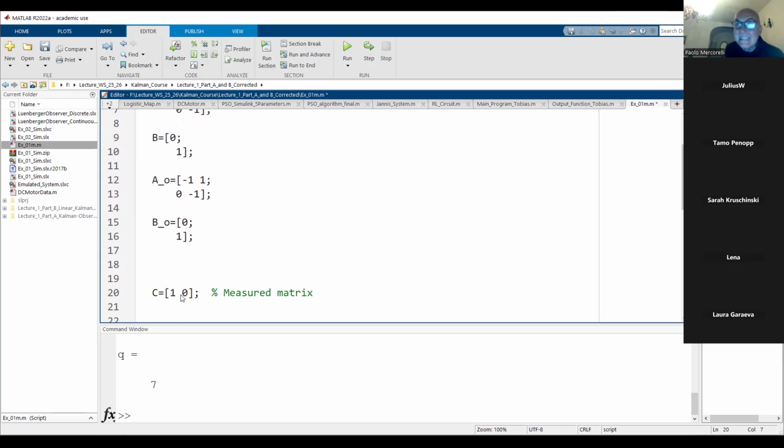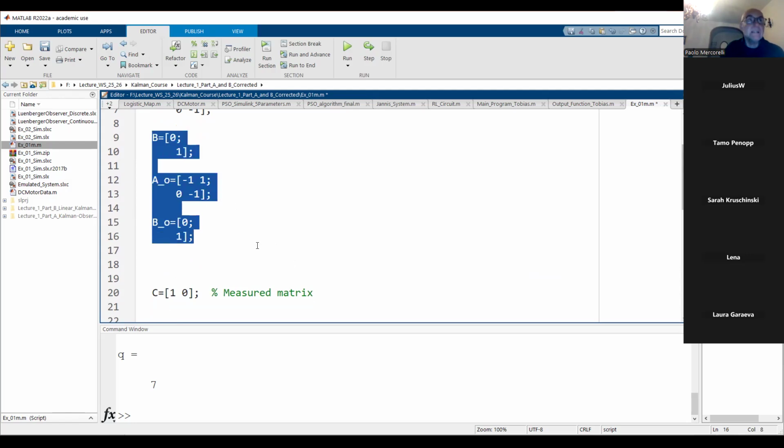You remember, C is the map of the sensor. This means C characterizes what I am measuring. If I write 1, 0, this means that I will take x1. Do you remember the lecture of last time? At this moment, forget these three pieces of information. We will reconsider in 10 minutes when I will try to design the observer.